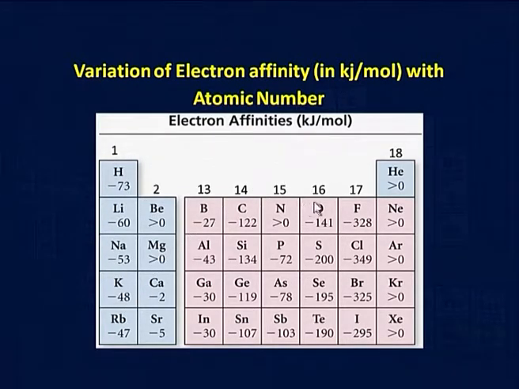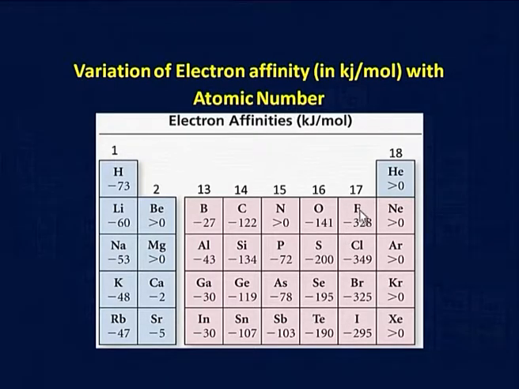We have seen earlier also there was exception in the case of 15th group and 16th group elements, as well as in 17th group elements. The value of next element, that is phosphorus, sulfur or chlorine, they have higher value than their previous element or the second row element, that is nitrogen, oxygen or fluorine.